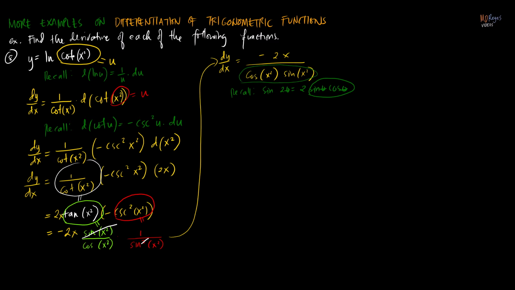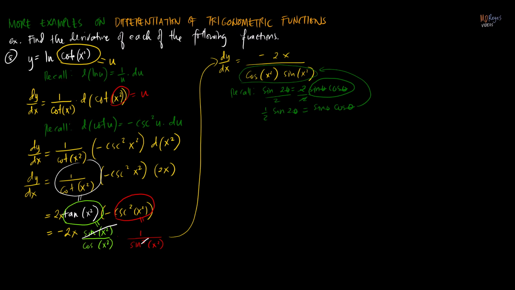If we divide both sides of the identity by 2, we'll have 1/2 of sine 2 theta equals sine theta times cosine theta. And that's exactly this part.